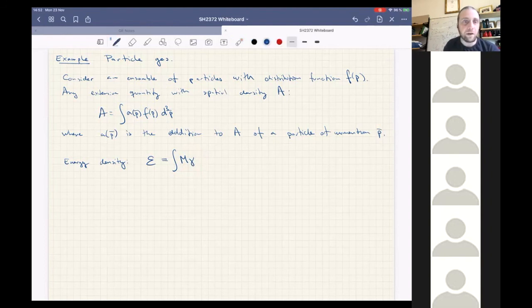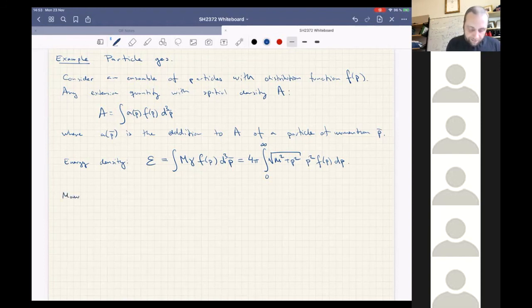And the gamma factor can be computed from p and the mass, because given that we can compute the velocity itself. And then f of p d3p. Now, if I go to spherical coordinates in momentum space, I can re-express this as 4 pi, performing the angular integrals, and I integrate from 0 to infinity, so I integrate over all momenta, and the energy is square root of m squared plus p squared. Then we have a p squared from going to spherical coordinates, f of p dp.